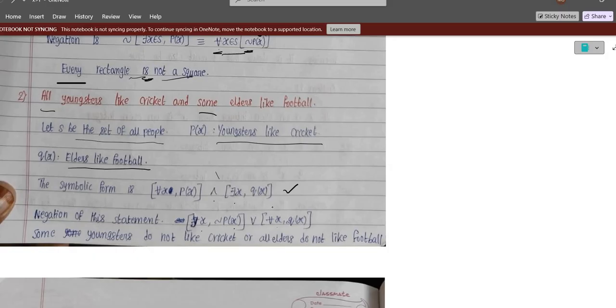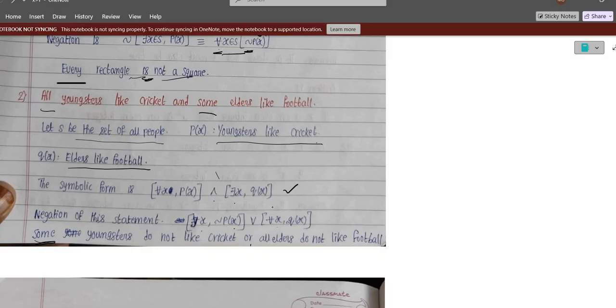I want to write this in sentence form. That is, "there exists" is there. That's why I am writing some youngsters do not like cricket. Negation of "like" is "do not like." "Are" is there. That's why I am writing "are." Here elders like football is there.